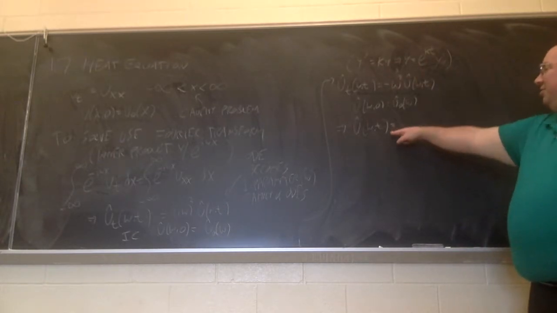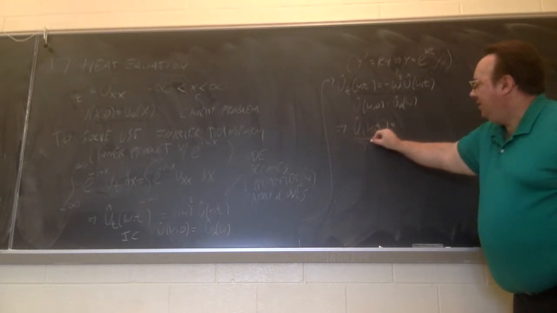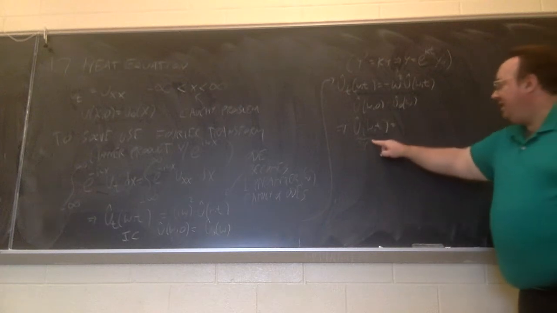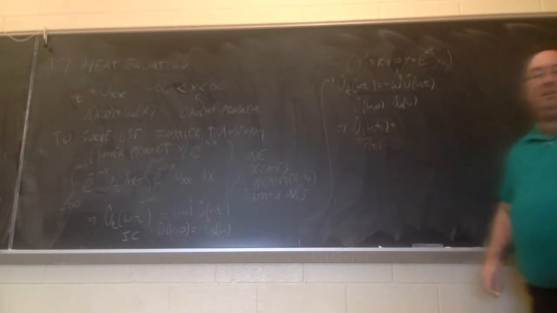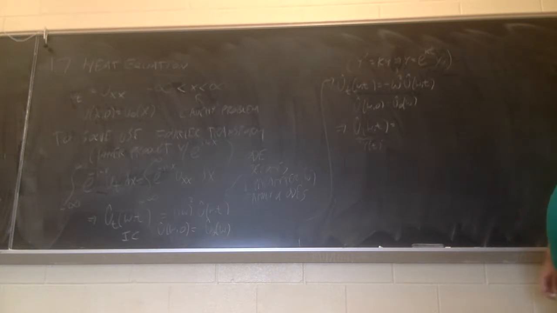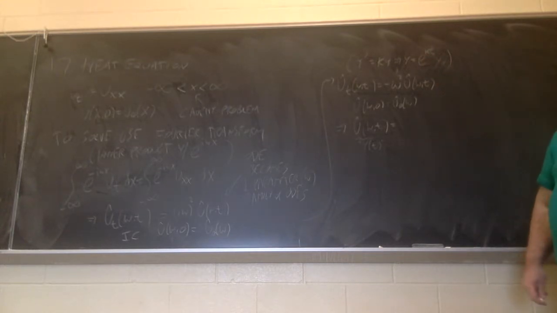I want to write down the solution to this. This is certainly playing the role of a y of t. It just happens to have its parameter omega. So you can write something down that's going to mirror this.